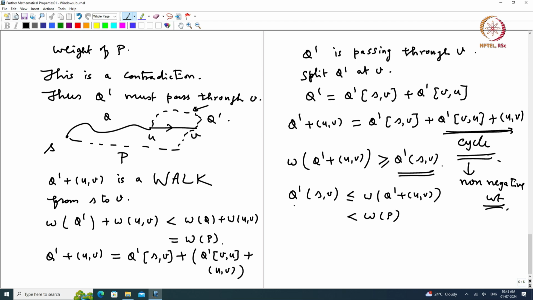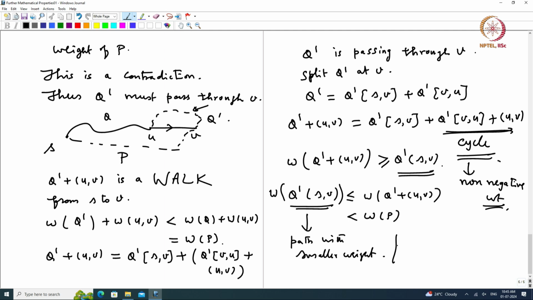That means I have a path with smaller weight. Weight of q dash s v is less than or equal to weight of q dash plus u v, which is less than w p.